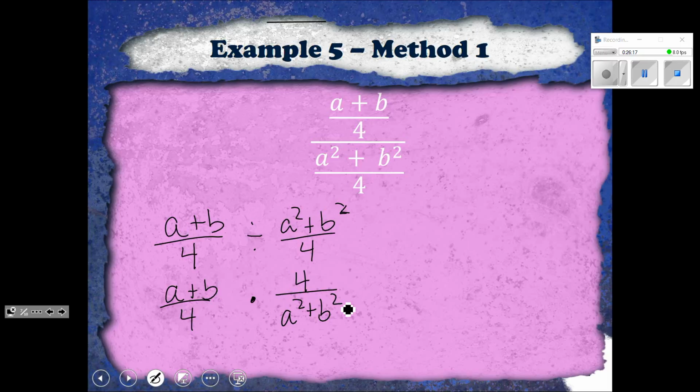They're perfect squares, aren't they? A squared is A times A, and B squared is B times B. So can you factor a sum of two squares? Yay or nay? Can you factor a sum of two squares?